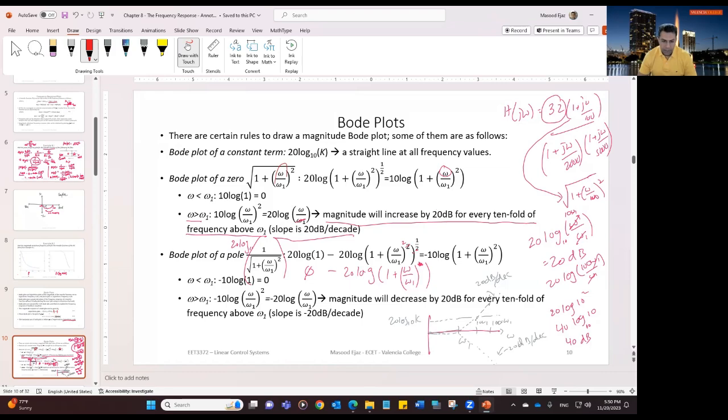So we say that the Bode plot is increasing 20 decibels per decade for any zero which is not repeating. If it is repeating, then it increases by the number of repetitions times 20 log of omega over omega 1. Like the Bode plot of any pole, up to omega 1 it is 0, and after omega 1 it drops by 20 decibels per decade.